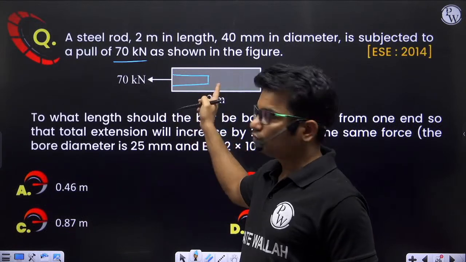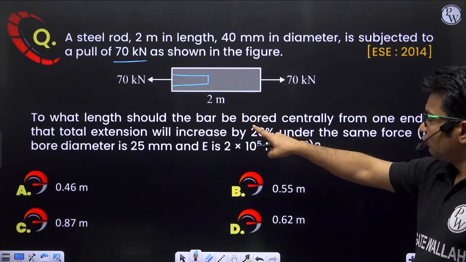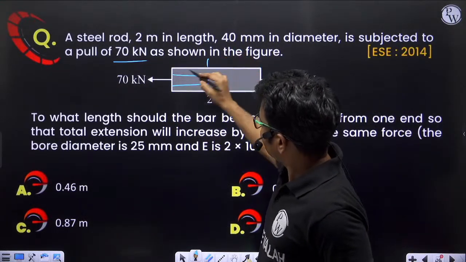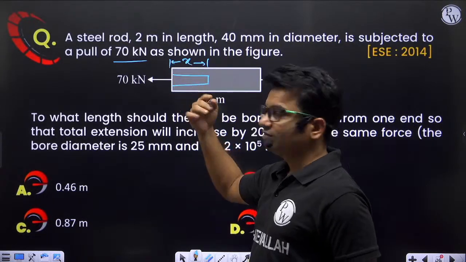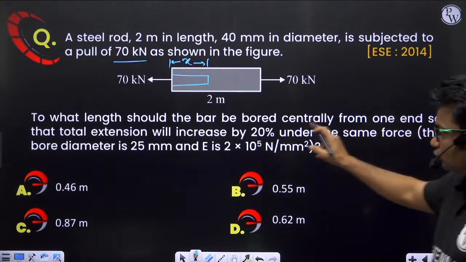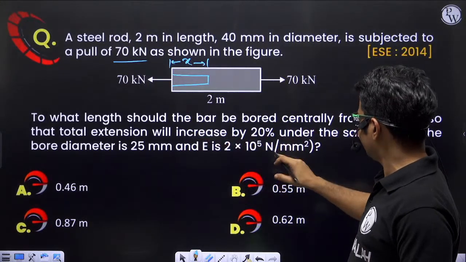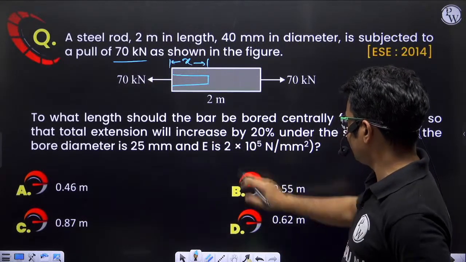We'll make it hollow. So to what length? Let us say we have bored it to x length. Up to x length we have made it hollow, from one end, so that total extension will increase by 20% under the same force. The bore diameter is 25 mm and Young's modulus is this.